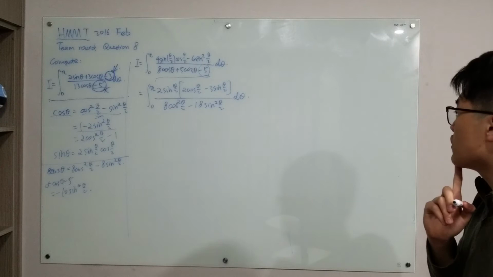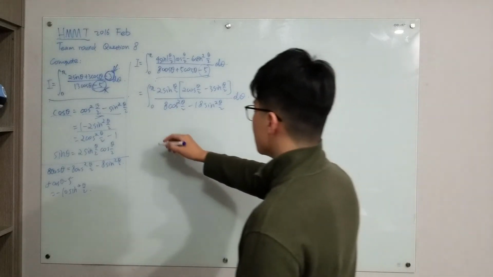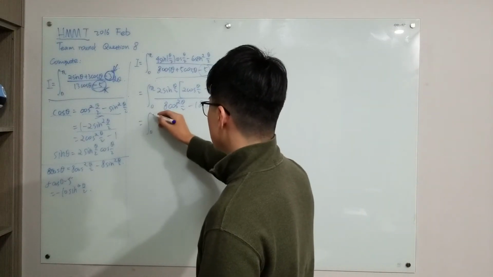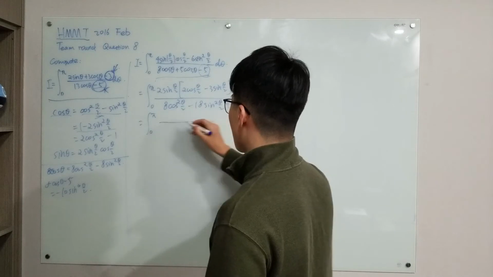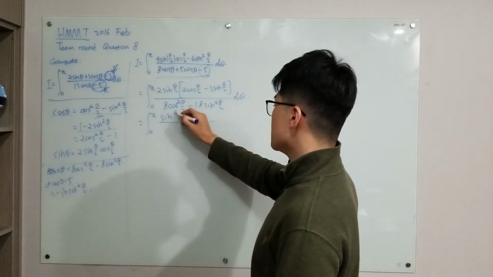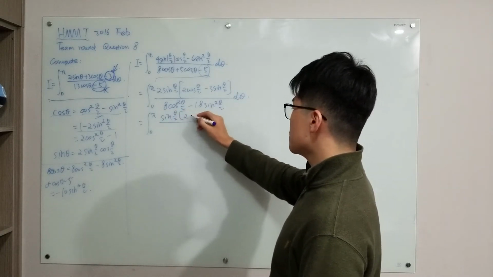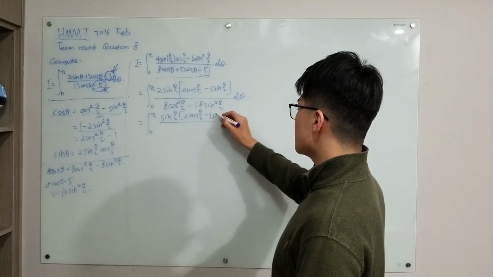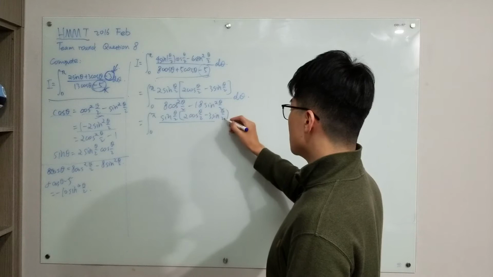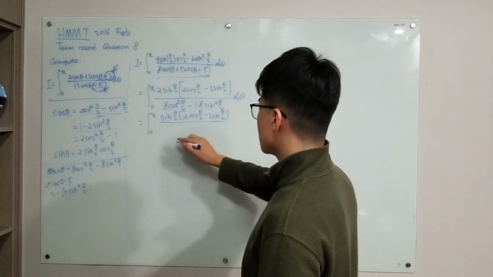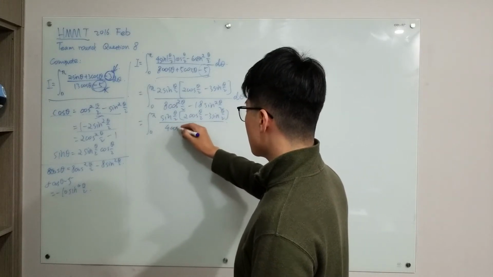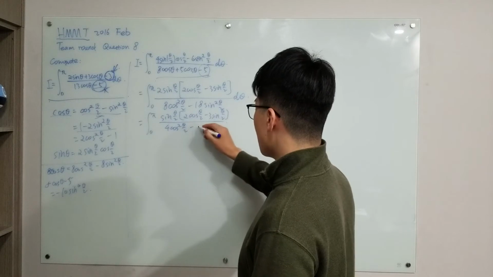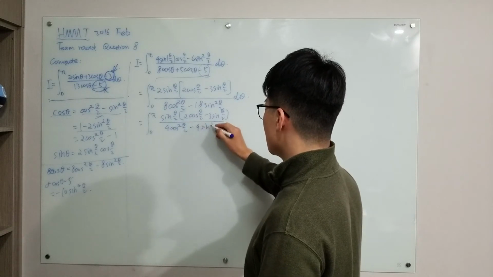After cancelling the scalar factor, we end up with the integral from 0 to pi of sine theta over 2 times 2 cosine theta over 2 minus 3 sine theta over 2, and in the denominator 4 cosine squared theta over 2 minus 9 sine squared theta over 2.